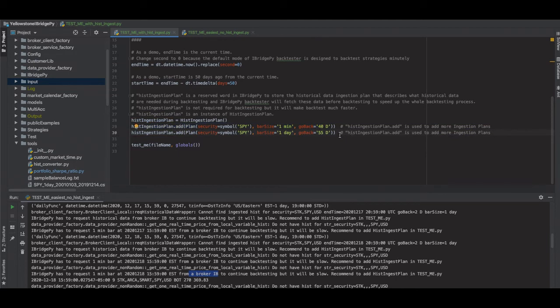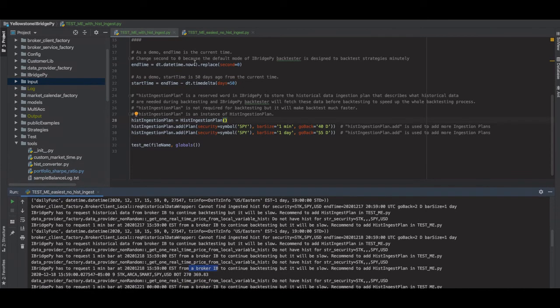I tried 1 day, 10 days, 20 days, 30 days, 40 days, and it was still successful. I tried 50 days and it failed, so I decided to choose 40 days. But you may wonder, is 40 days enough for backtesting 50 days? Let's run it, and we can see the result ourselves.